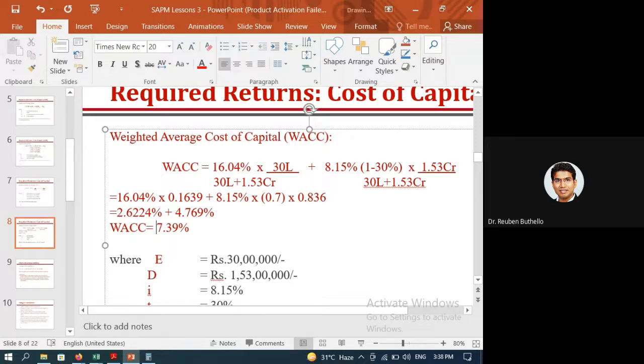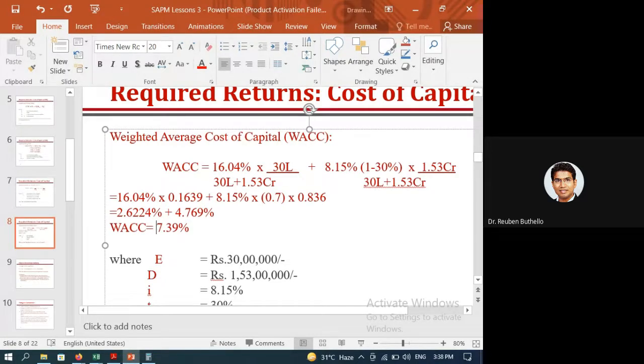Absolutely fine. So what happens is I needed 1.83 crore. Now in this 1.83 crore, I could not go to the equity entirely. If I had gone entirely to equity, how much would it have cost me to get this 1.83 crore? 16%. Every year I have to give out 16% either in dividends or improvement in my share price.